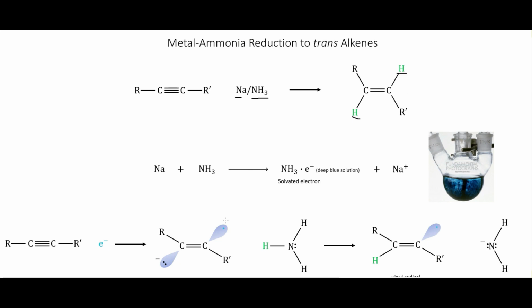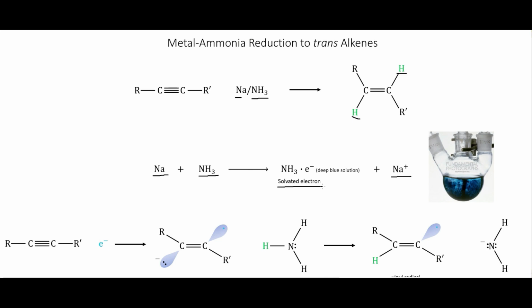What we're doing is taking sodium metal, just the sodium metal, and putting it in ammonia. This will pull the electron off the sodium, getting to the Na+ right here. And then we have what is called a solvated electron.